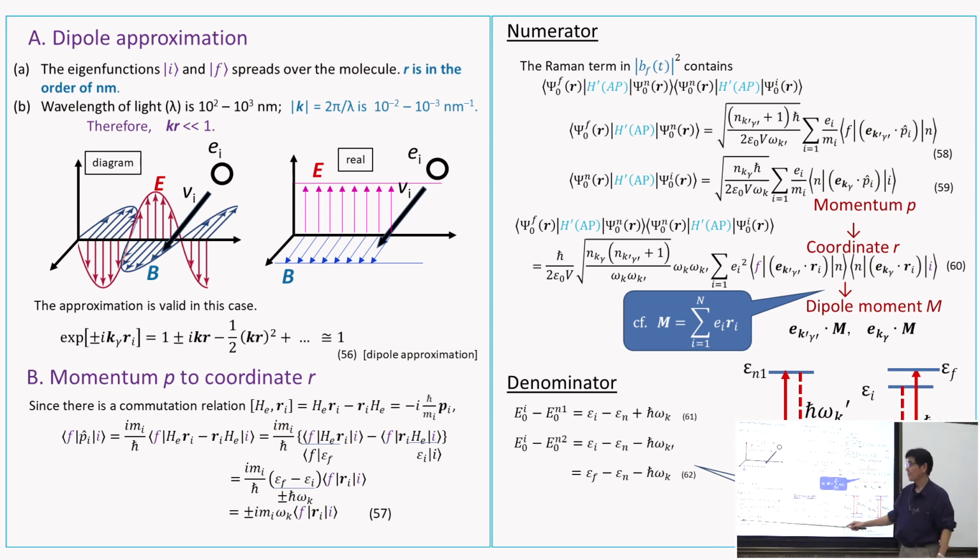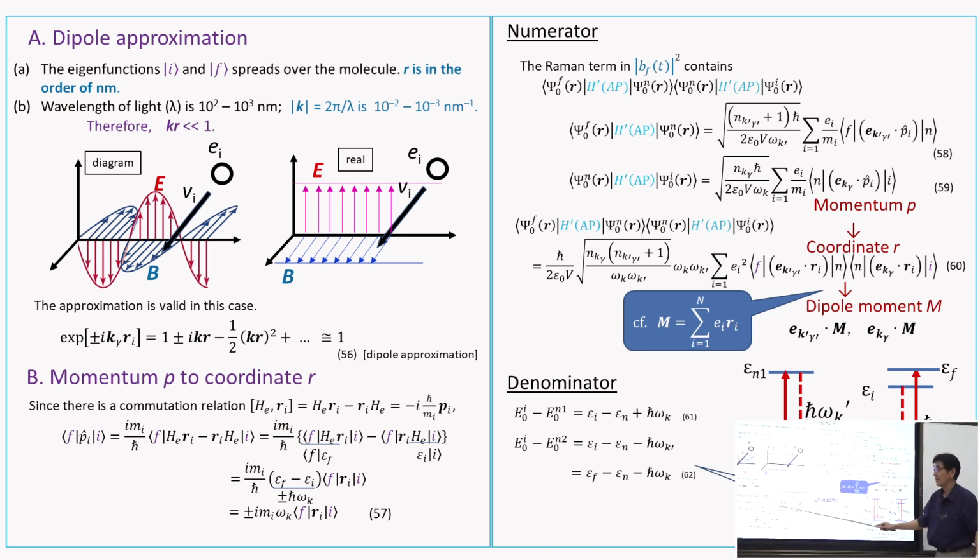And i m over h bar, this term can be separated into two terms: f H_e r i minus f r H_e i. Okay? It can be separated into two terms.